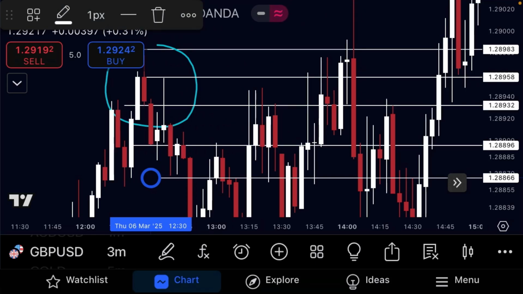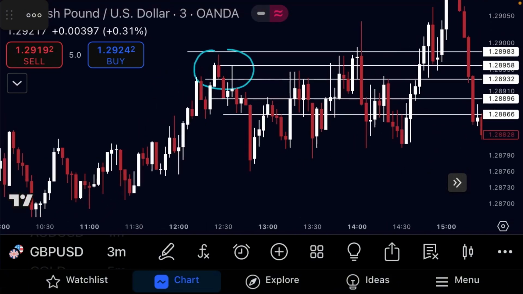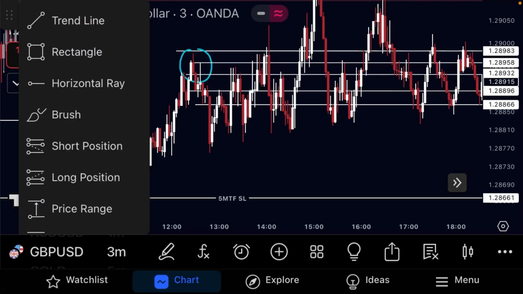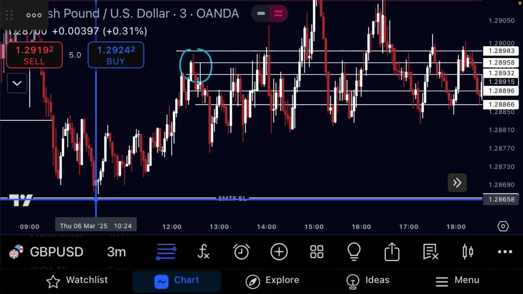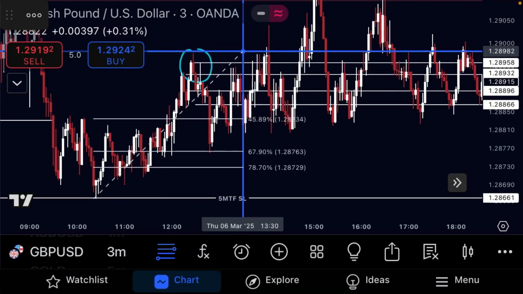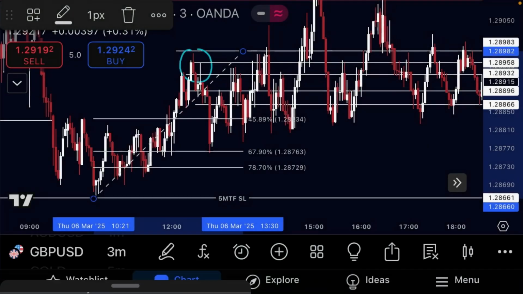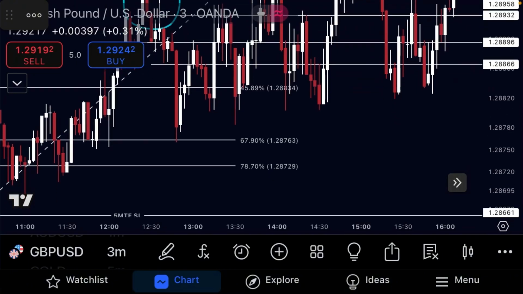Since you've seen it this way, the next thing you want to do is bring out your Fibonacci tool. Now with your Fibonacci, you want to take a long here. So once you bring out your Fibonacci retracement, you want to drag it from the down part, since you're taking a long, to this up part, and you want to see your buys at the 45.89 levels, or at 67.90, or at 78.70.